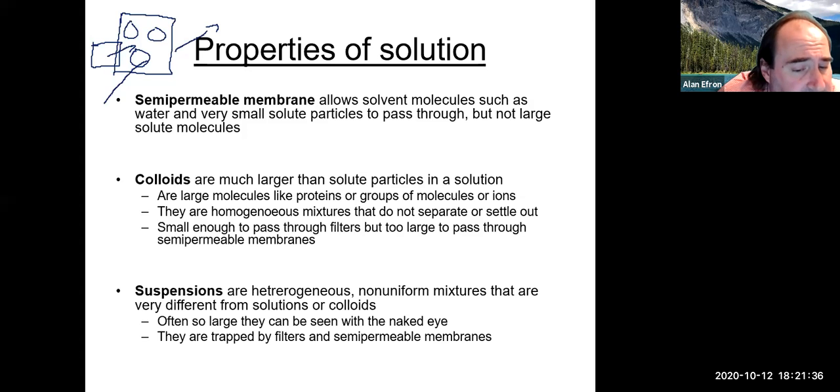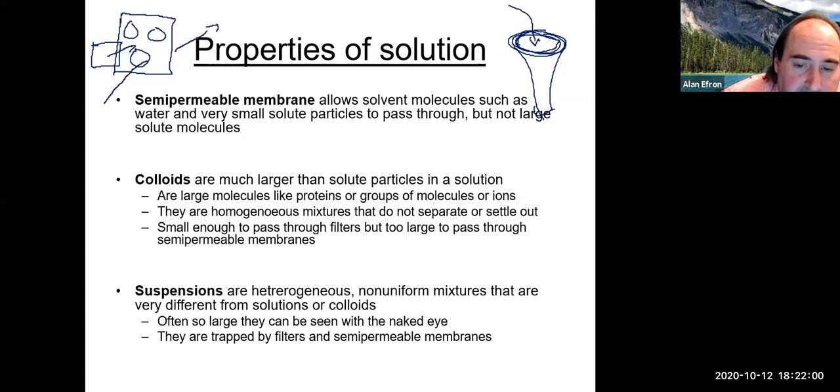They are homogeneous, which, if you remember, means that like a solution it looks the same throughout. They typically do not separate or settle out. They are small enough to pass through filters like filter paper, like a funnel that has a filter paper on it. So colloids can pass through.